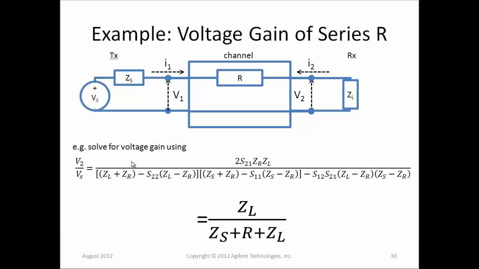I did that in that PDF appendix. It turns out it reduces to this nice voltage divider equation, which is what you'd expect because the load impedance is basically a voltage divider with regard to the sum of the source voltage, the channel resistance and the load impedance. So that works out pretty nicely, as you'd expect.